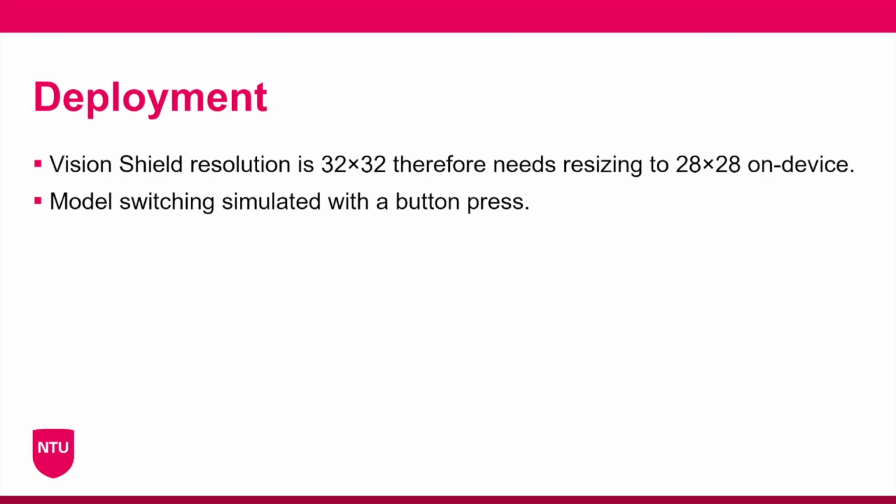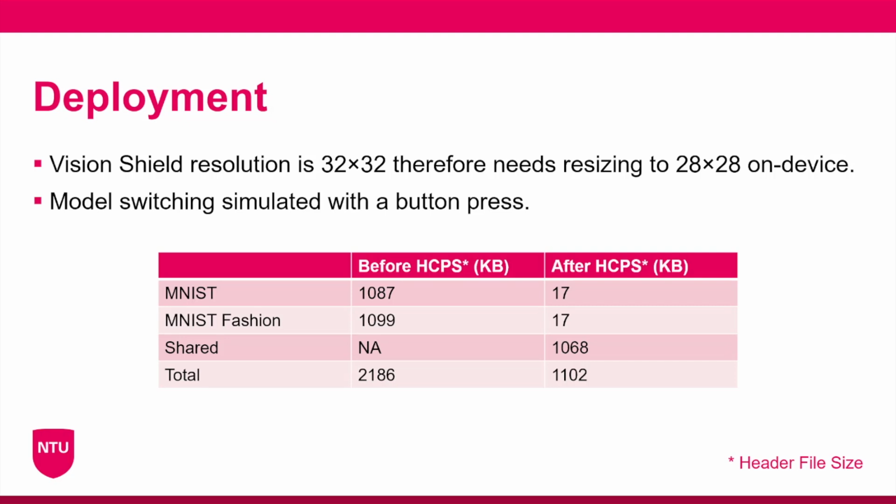And the model switching contextual component was actually simulated using a button press. So again, this could be a separate deep learning model, but just for the sake of simulation, just with a button press. And consistently with our table from the previous slide, you can see that there's a 49% reduction in the model size, taking the model header file size.